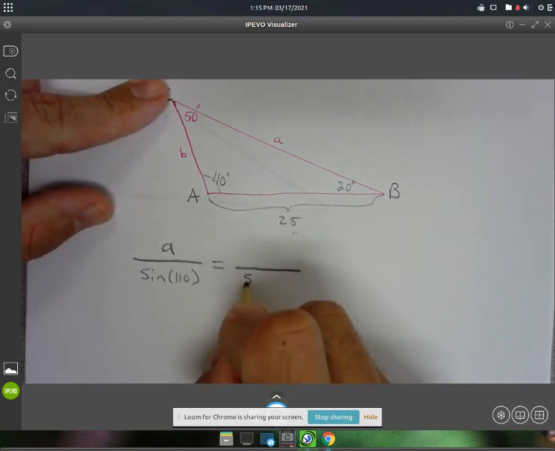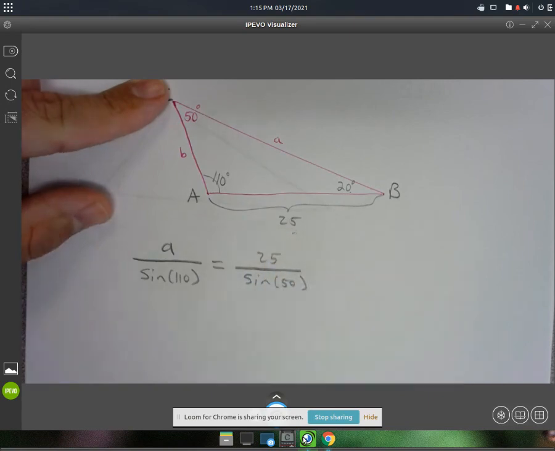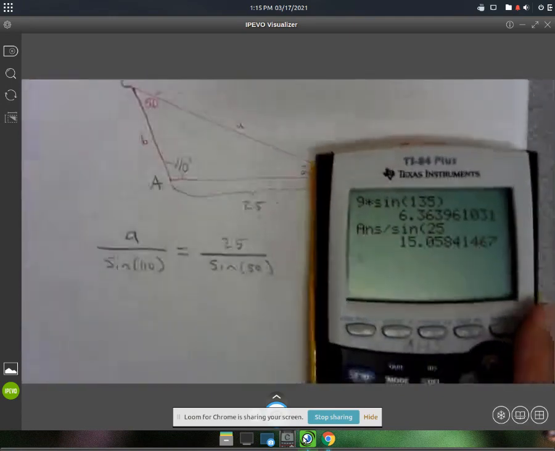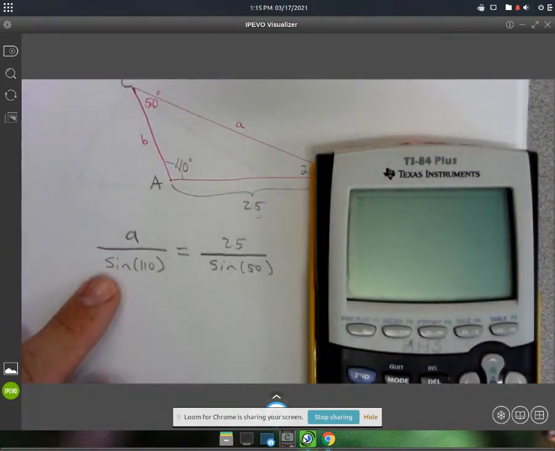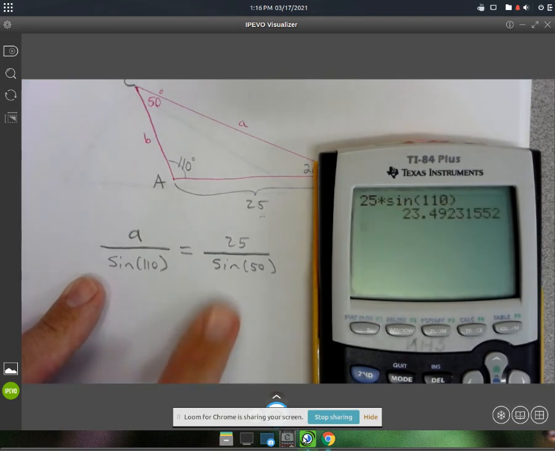So it's going to be sine of 50 in the bottom and 25 up top. Cool. Not too bad. All right, again, I'm just going to multiply by sine of 110. 25 times the sine of 110. And then I'm going to divide that by sine of 50.